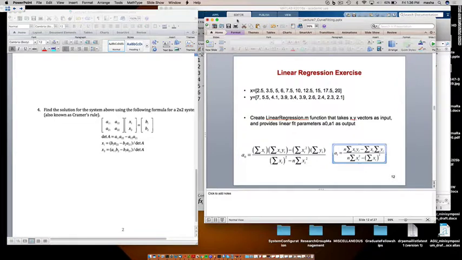If you plug in, here you have another linear system. Instead of A0, A1, this is your A0, this is your A1, so plug in these values.